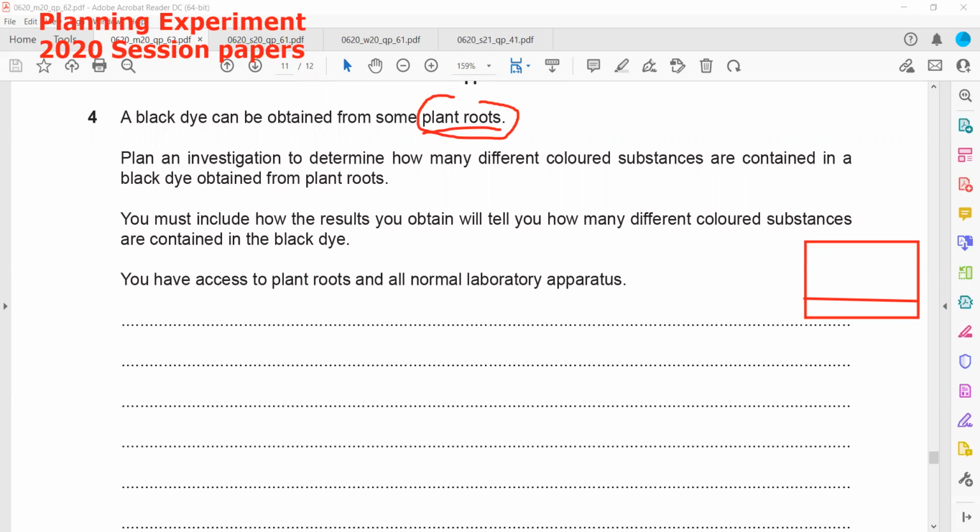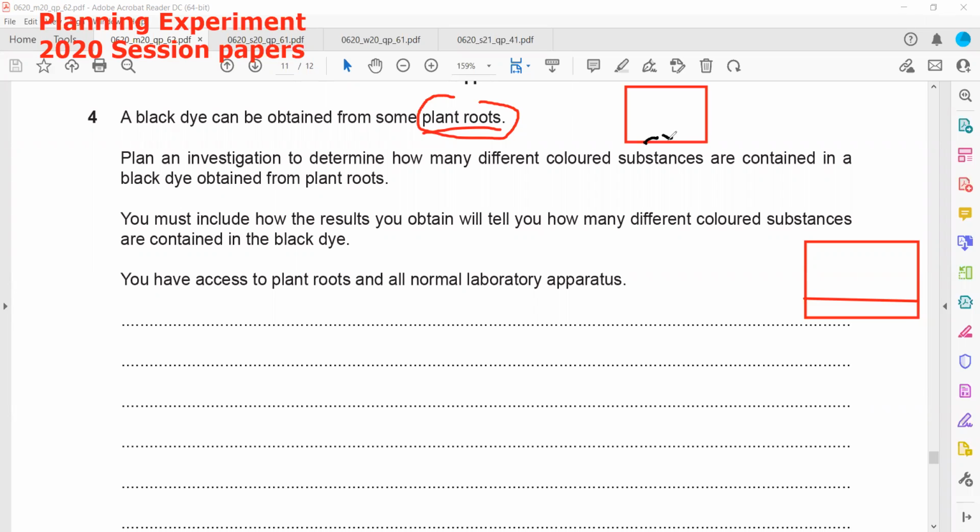So first we crush by using a mortar and pestle. And as they did not mention whether the color is water soluble or insoluble, we can boil in water. Whenever we boil a substance in water or in a specific solvent, we can extract the color. So first we will take the plant roots, then crush them using a mortar and pestle.